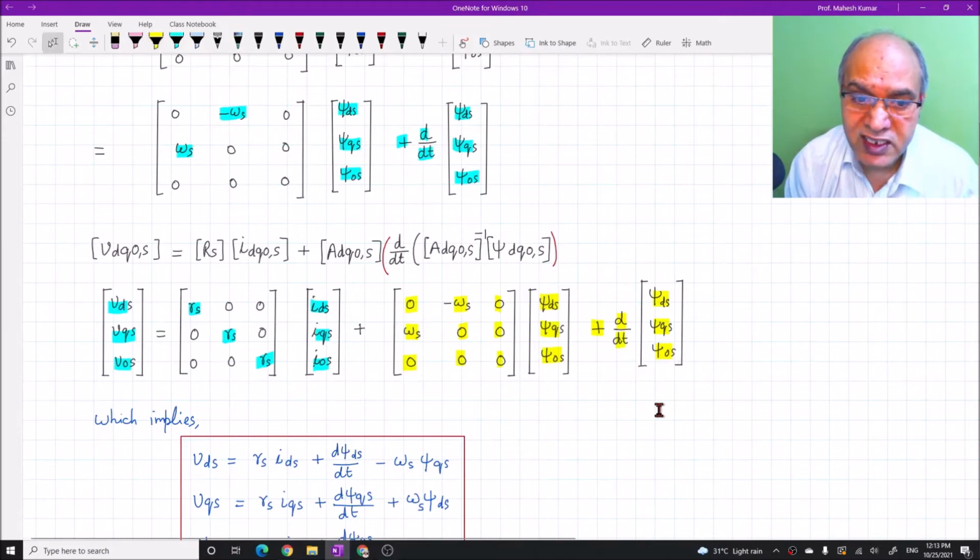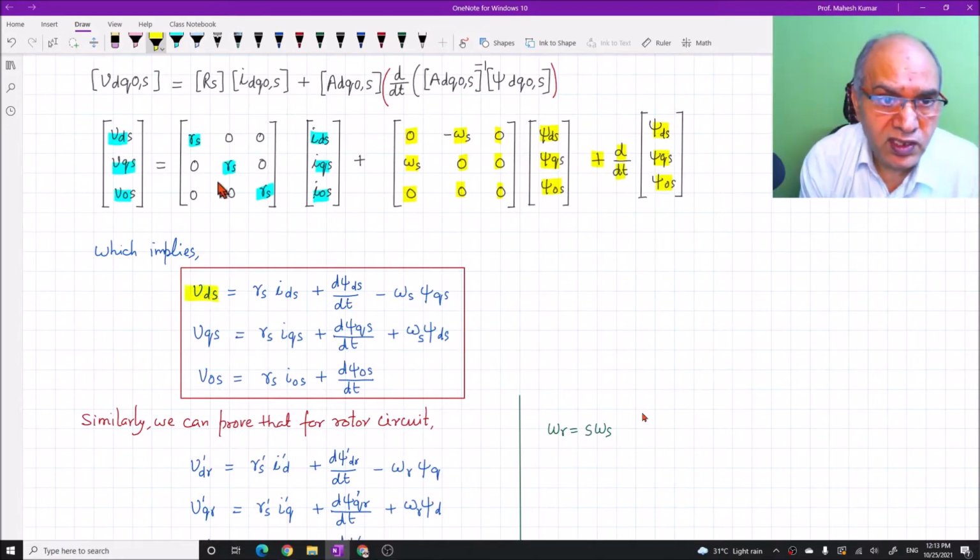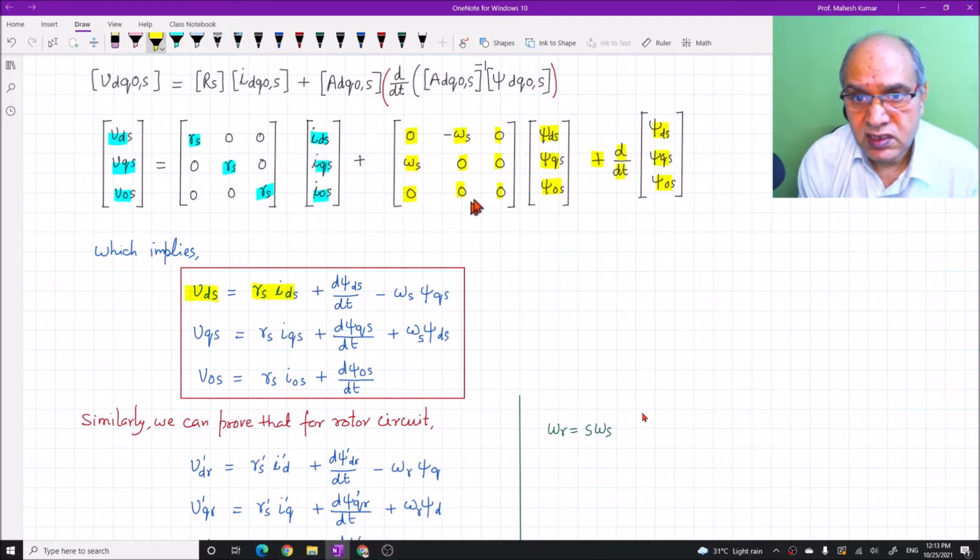If we expand this matrix element-wise, variable-wise, then Vds, the d-axis voltage, becomes Rs into Ids, the first row into this column, plus d psi ds by dt, this term as the second term here, minus omega s psi qs from this term.